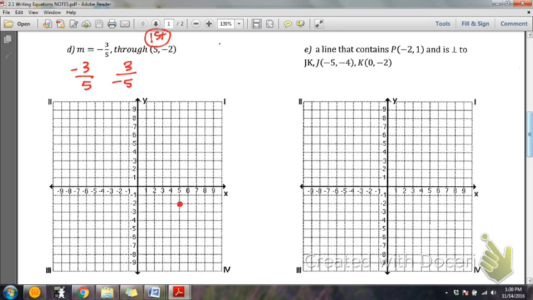Go down 3 and to the right 5. Down 3 and to the right 5. And then let's graph one going up 3 and back 5. Oh, I thought it was -3 over -5. There's only one negative sign.